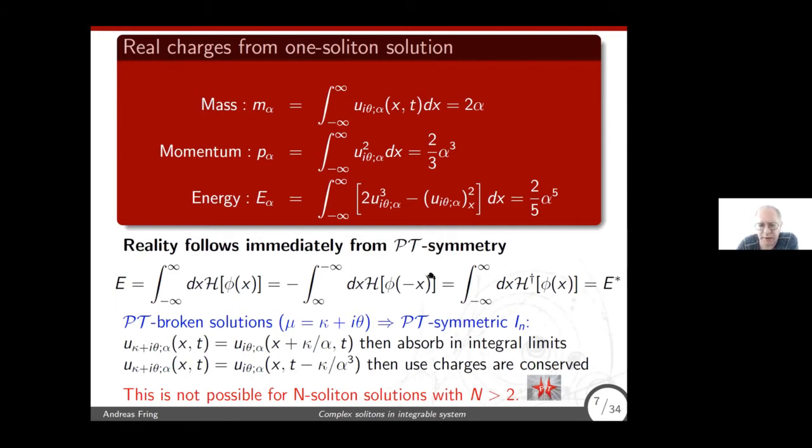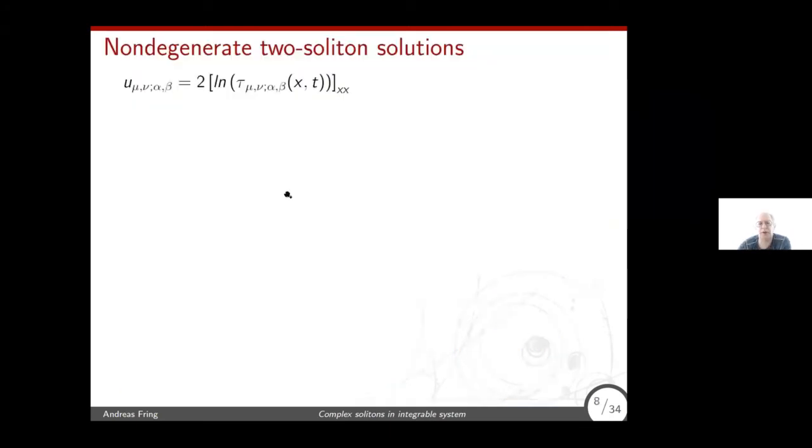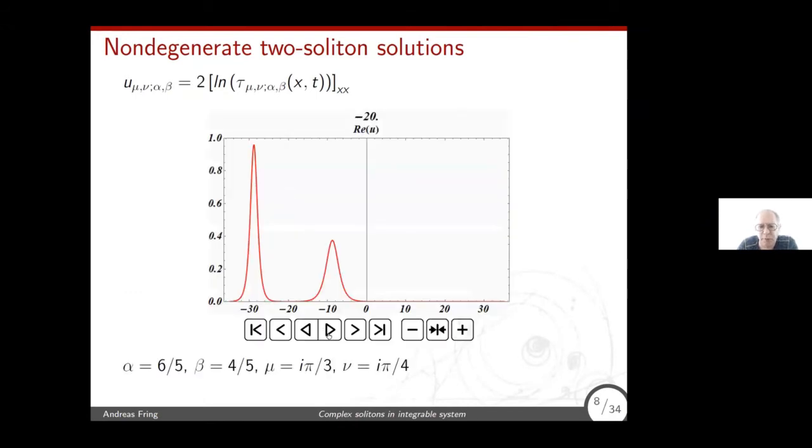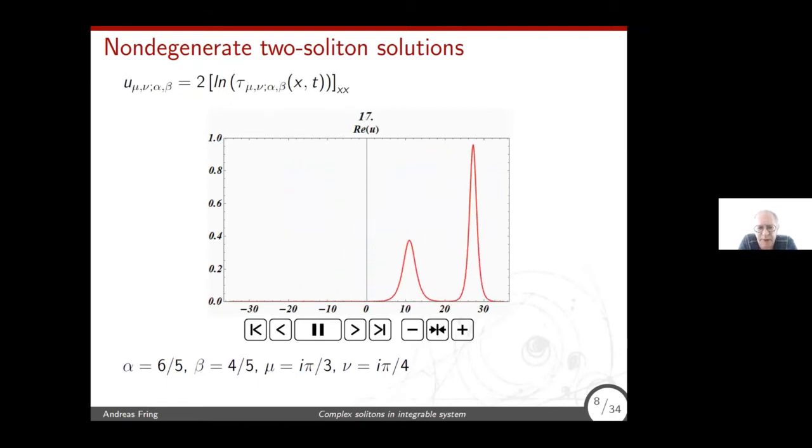That's the question here. To answer this, we need to understand a bit more how N-solitons behave and what the key properties of solitonic solutions are. So here's a two-soliton solution obtained, as I indicated, from Hirota's bilinear method. And you have the typical behavior.